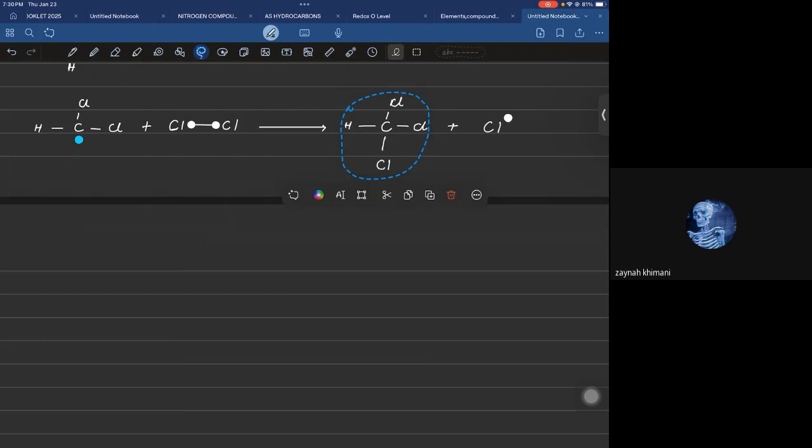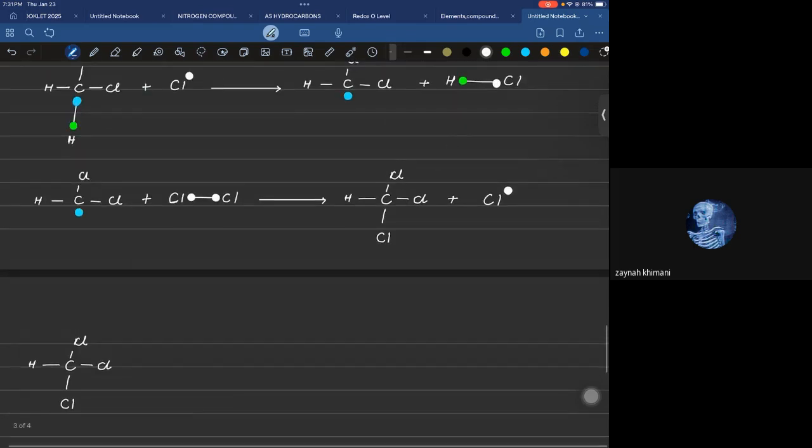So this is my reactant. Again, I'm going to remove the last hydrogen atom. Again, I'm going to react it with first chlorine radical, then I would be reacting this with the chlorine molecule. So this is the chlorine radical. And let me give the notation to an electron, to the carbon and hydrogen.